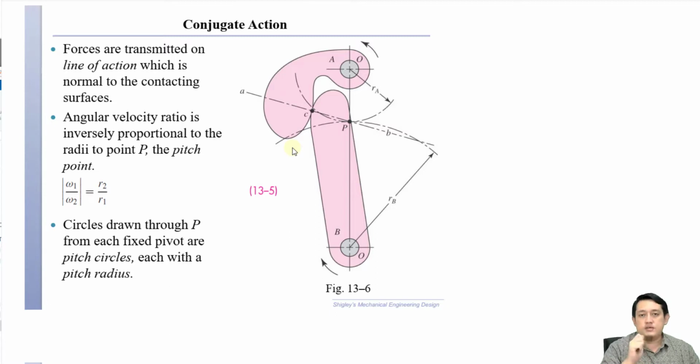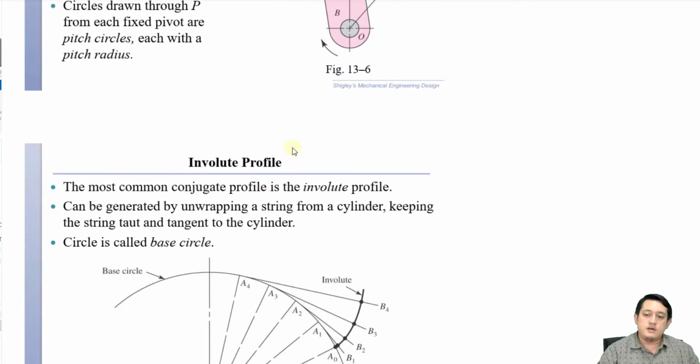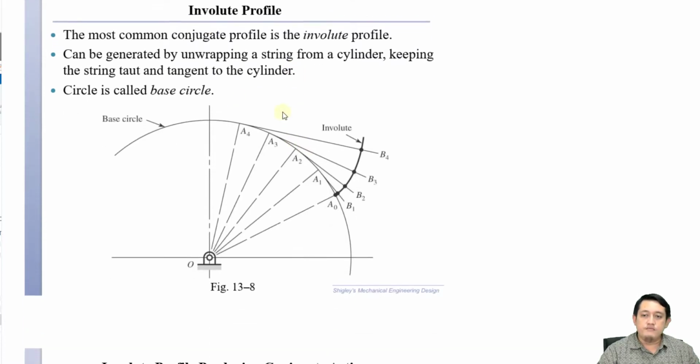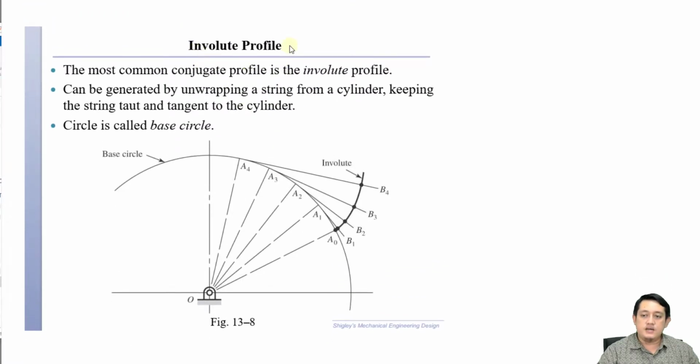So how do we make sure that our gear has a conjugate action? The most common conjugate profile is the involute profile. So what is the involute profile? If you see this, this is the involute line here.